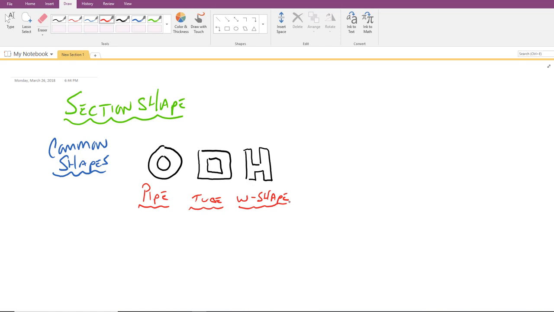And you'll notice that each of these tend to be reasonably the same dimension in the X direction as they are in the Y direction, meaning each of the lateral depths of the cross section. And also note that they're typically hollow because we're trying to maximize the efficiency of the material that we're using.